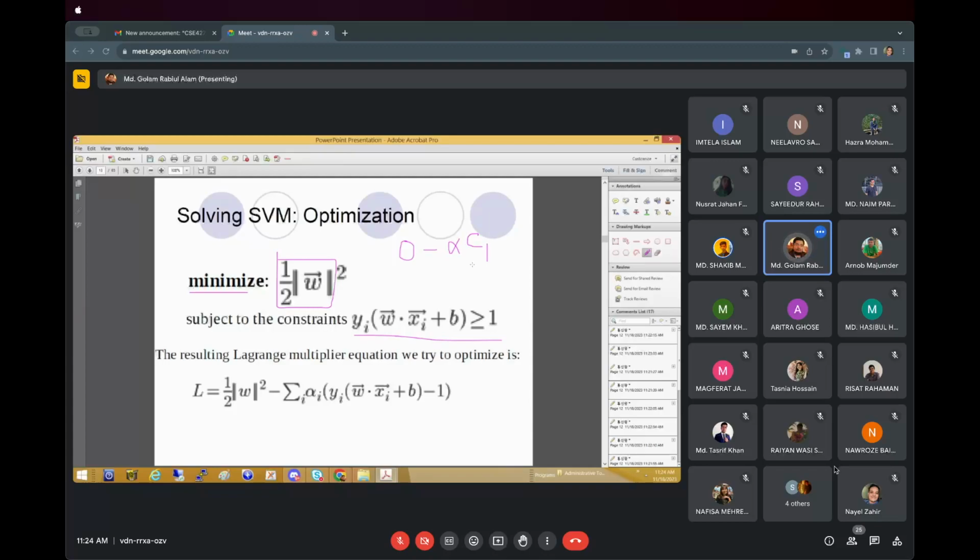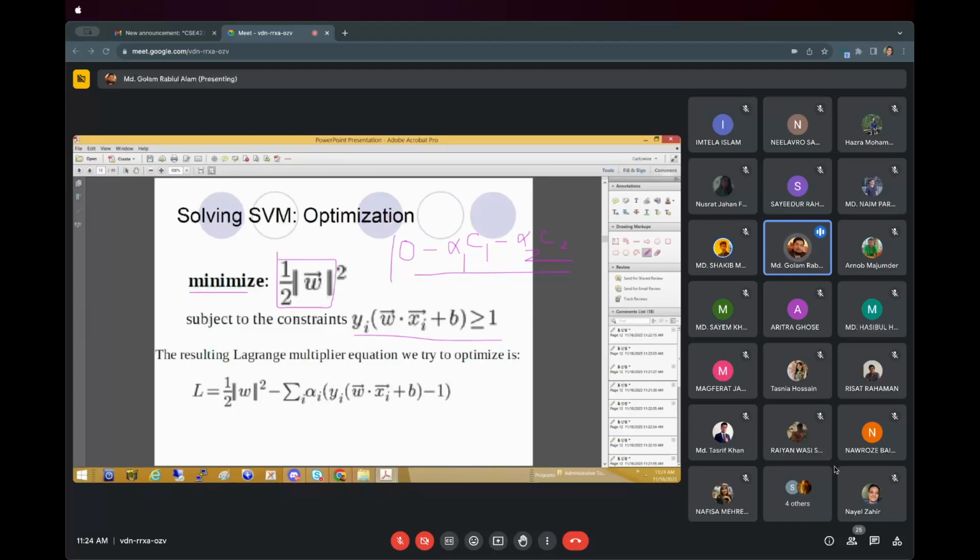If we have many constraints, then again we add alpha. So if we consider this one is alpha 1, this one is alpha 2, and then here is C2, that is constraint number 2, and so on. So this is the original form of forming the Lagrangian equation from the objective and constraints. Here we can see that the constraint in this case is an inequality constraint, meaning greater than or equal to something.